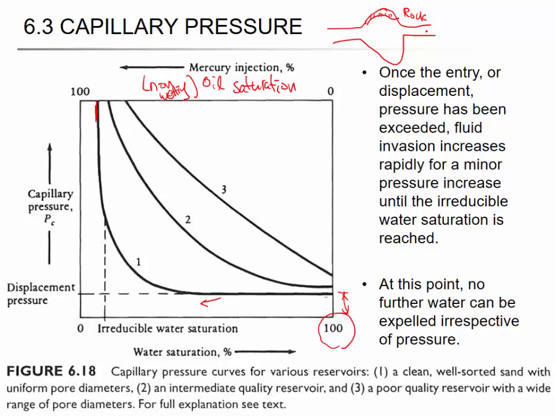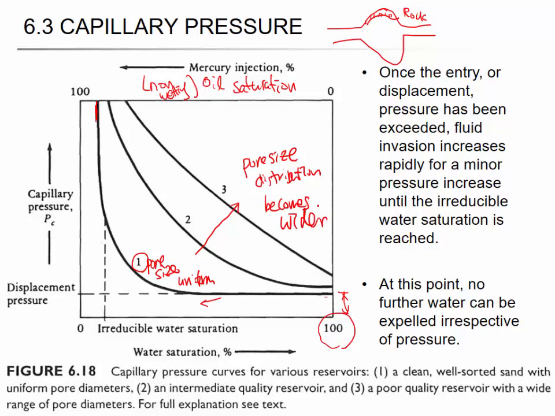And if it's a well sorted sand, the pore size is pretty uniform. You have a type 1 graph, a curve here, and as you go toward 1, 2, 3, the pore size distribution becomes wider.